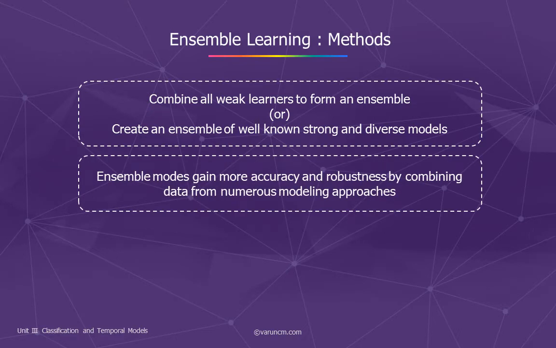This ensemble model gains more accuracy and robustness by combining the data from numerous modeling approaches. So this is the best reason why we are going for this ensemble learning.